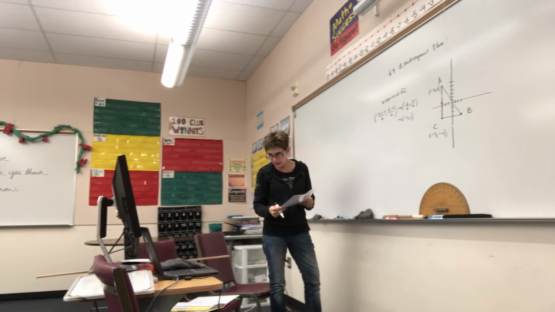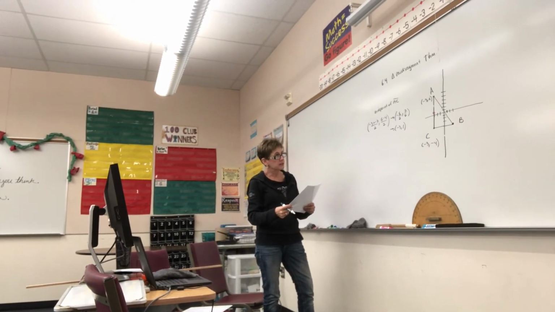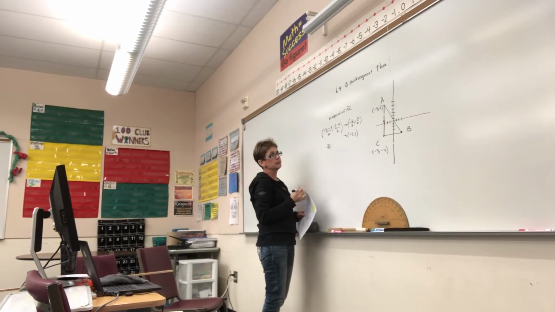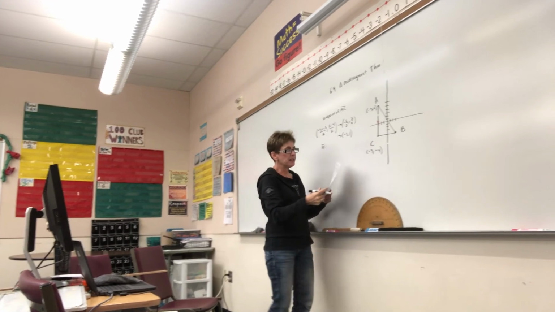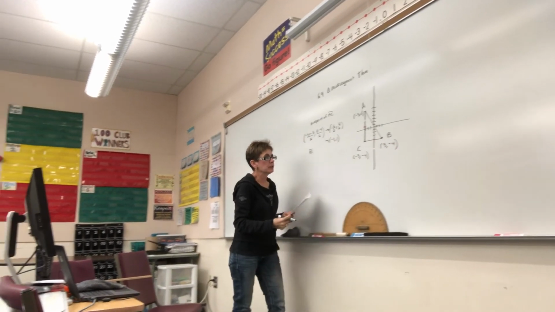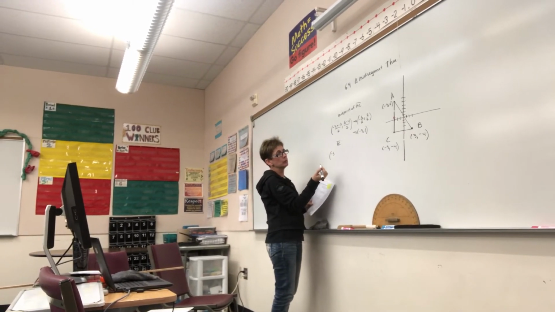Now, let's also do the midpoint for side BC. Again, we want to add up the x's and divide by 2, and add up the y's and divide by 2. For the x's, we're going to have similar work to what we just did.